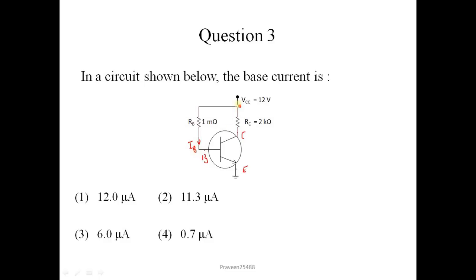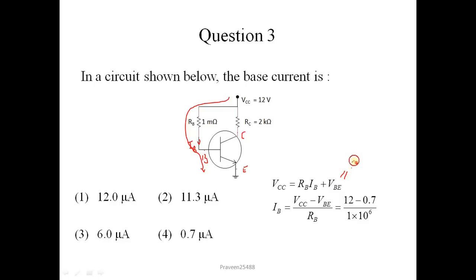Okay. So here we will try to write the equation for this path. So here it is VCC is equal to RB IB plus VBE. For silicon transistor, VBE is 0.7 volt.